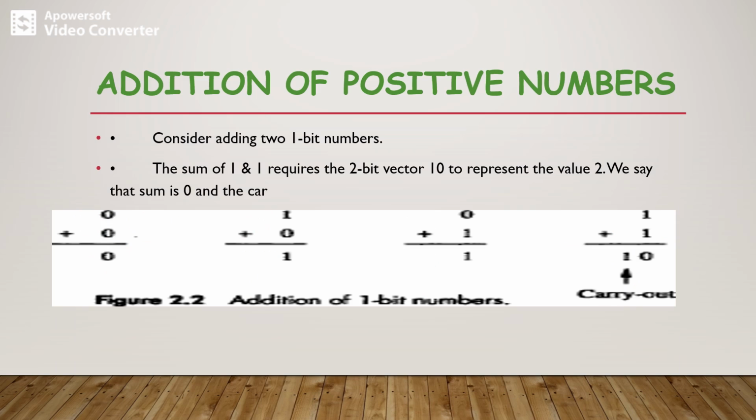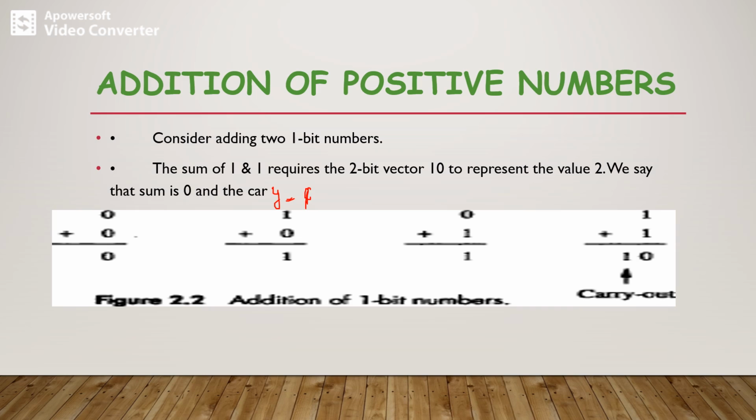Addition of positive numbers. While adding two 1-bit numbers, the sum of 1 and 1 requires a 2-bit vector, 1, 0, to represent the value. We say that the sum is 0 and the carry is 1.